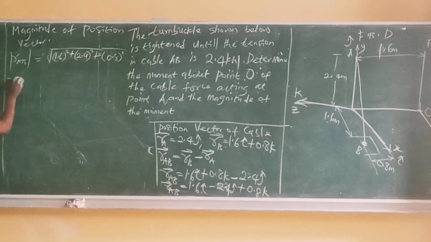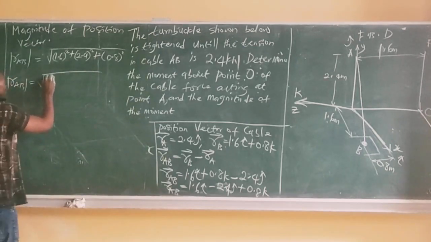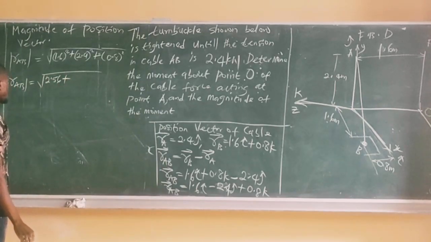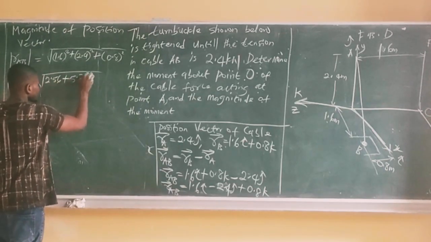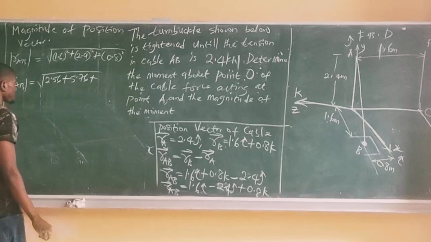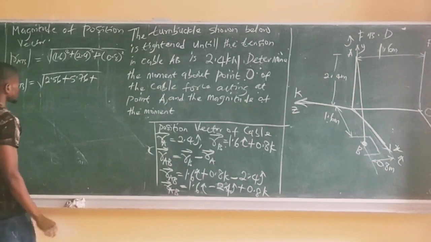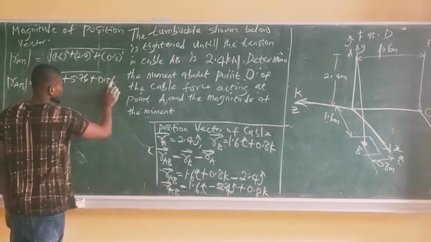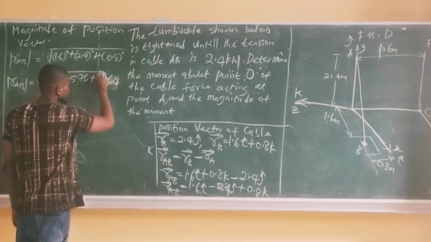Alright, so the magnitude of position vector AB is equal to the square root of 1.6 squared, which is 2.56, plus 2.4 squared, which is 5.76, plus 0.8 squared, which is 0.64.